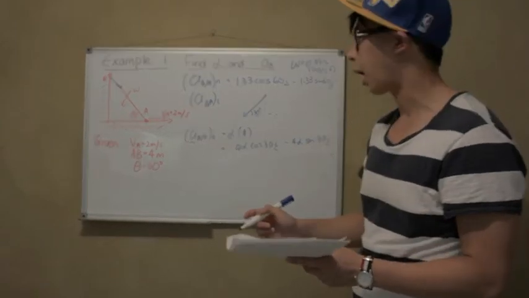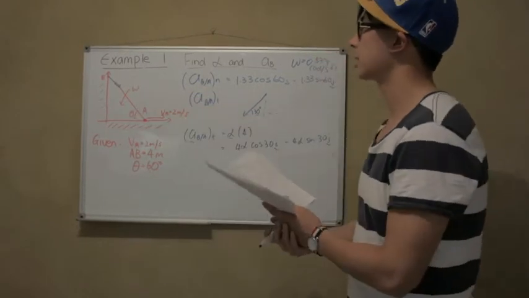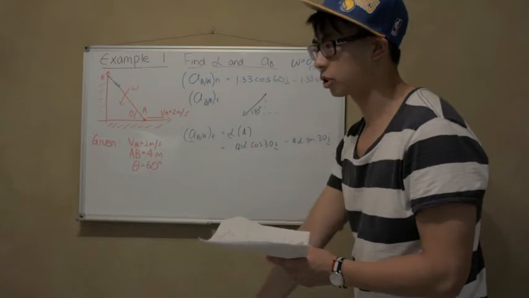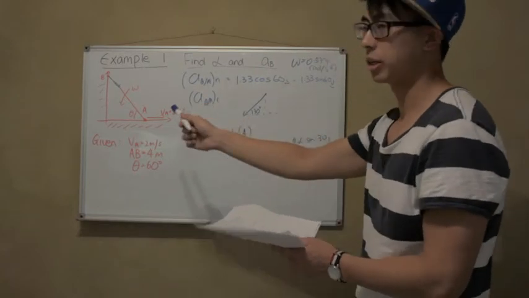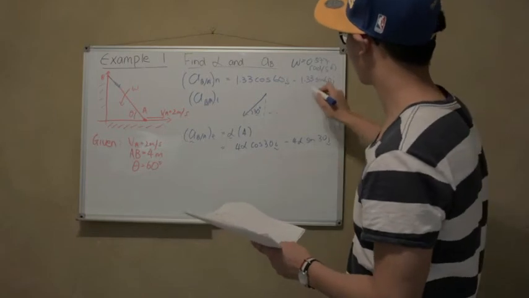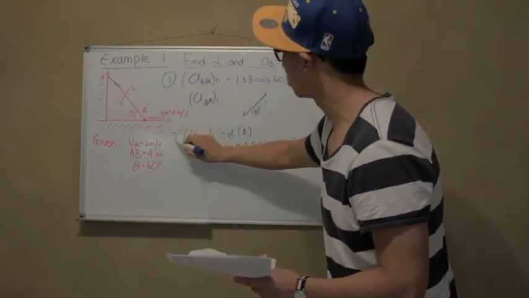Now we need to solve for alpha. If we look at the diagram here, we can see that at point B, there's an acceleration going straight down, but there's no acceleration going in the i direction. So if we look at the first equation, let's call that 1, and call this 2.